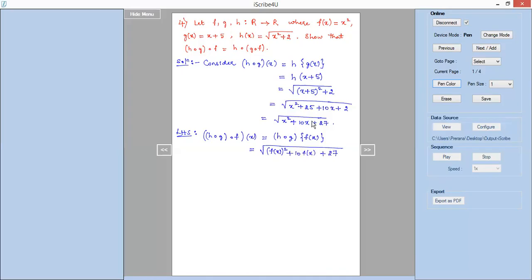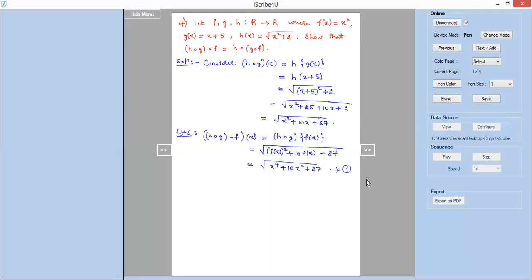And this is one and the same as writing, we know f of x is x square, so this becomes square root of x power 4 plus 10x square plus 27. So this is equation 1. That is the left hand side, whatever we had, we considered it and we obtained square root of x power 4 plus 10x square plus 27 as the answer.